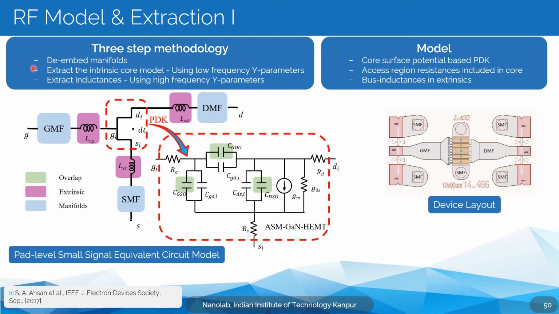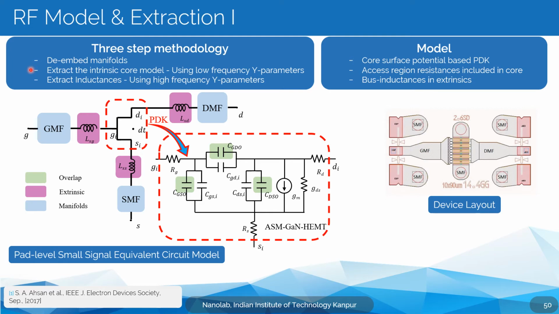These are simply some metallic pads which, for a multi-finger device, connect the different gates and the different drains together, and even the different sources together using air bridges or something. So the first thing you need to do is to de-embed those structures, because they add a certain parasitic element to the device, which will show up in S parameters, and you don't want to have that.